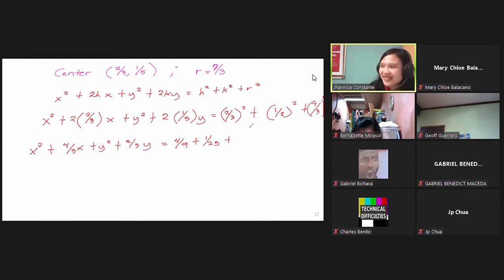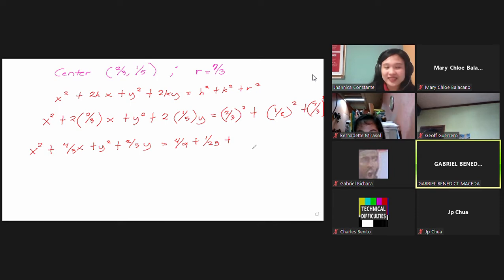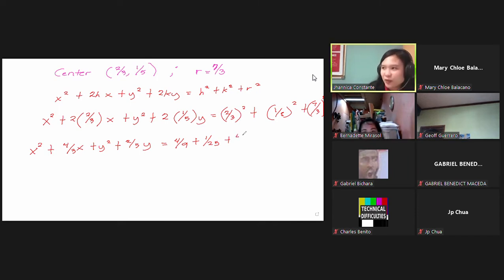Plus 7/3 squared is equal to what? 49/9. We have 49/9. So simplify the equation that we have.